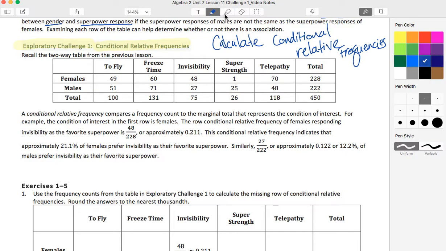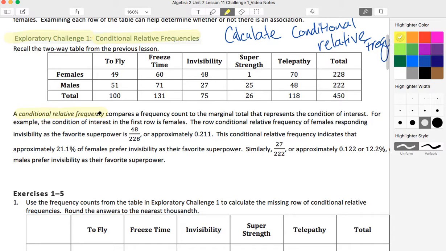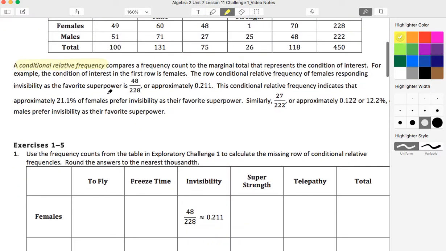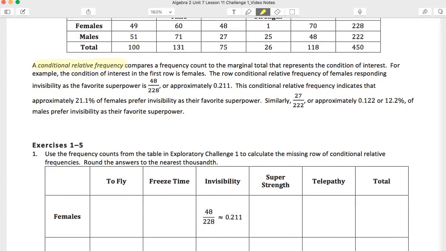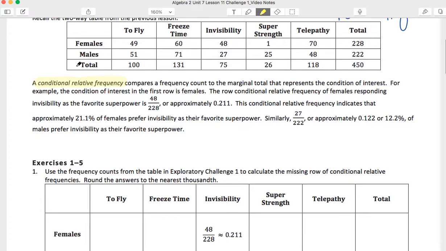Your first vocabulary word of the video: a conditional relative frequency compares a frequency count to the marginal total. The margins are on the edges, and that represents the condition of interest. For example, the condition of interest in the first row is females.